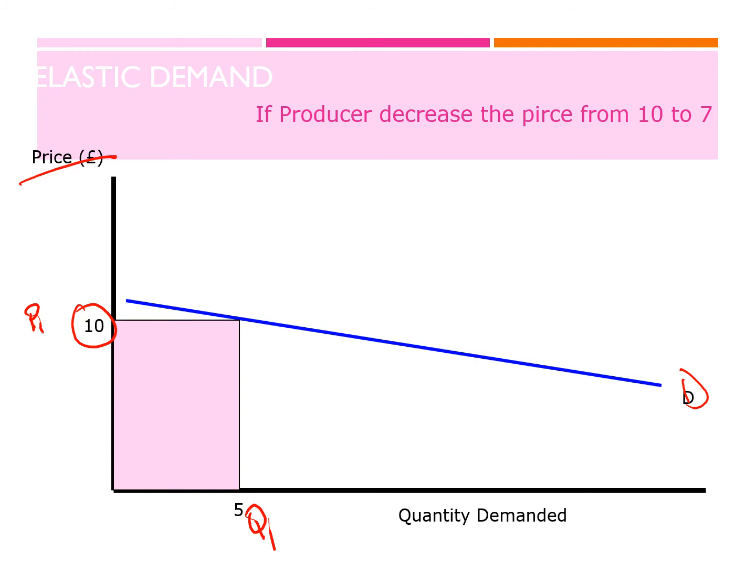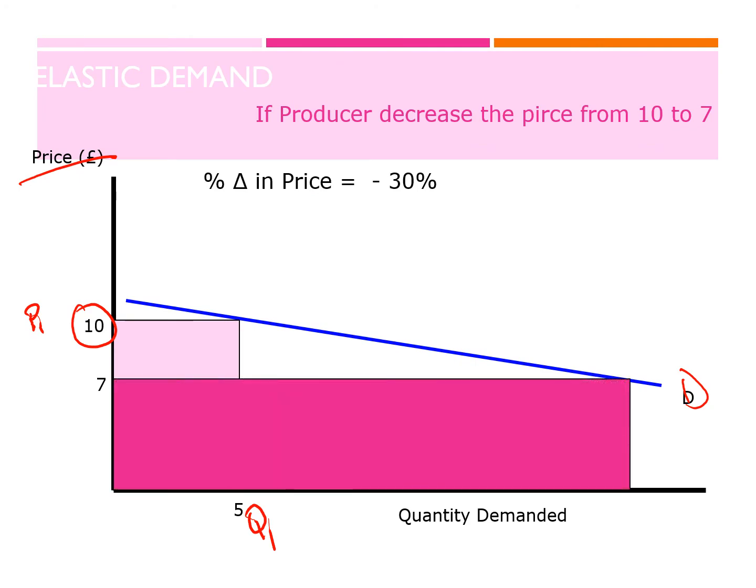All right, if the producer decreases the price from 10 to 7, this would be my P2, and this would be my Q2. Look what happens. I want to measure my PED.